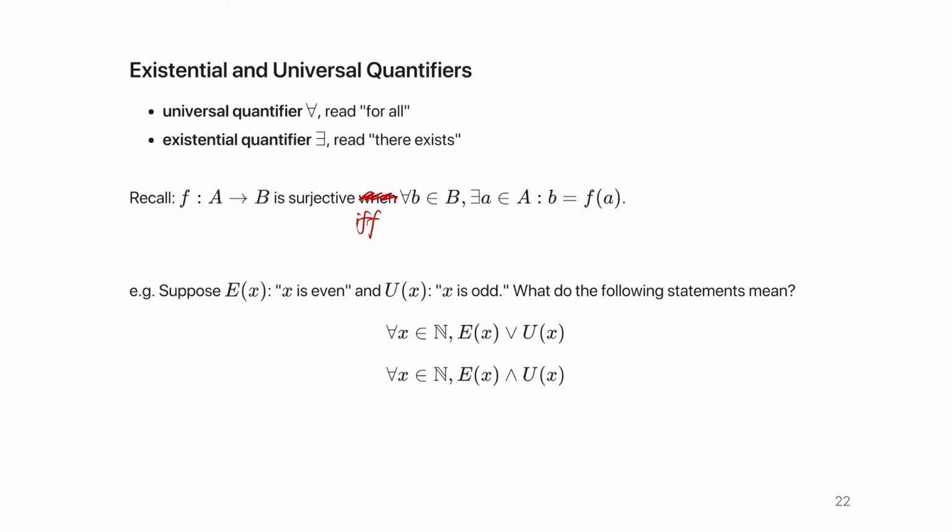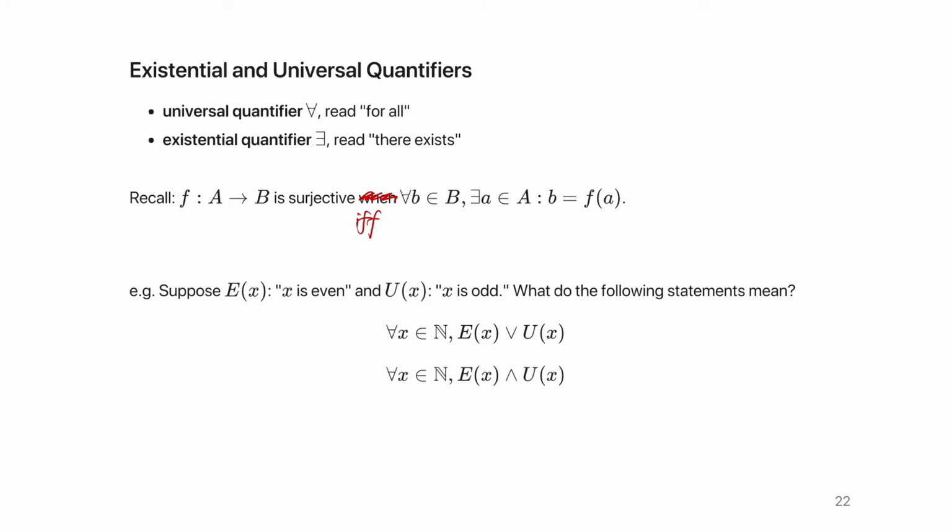Okay? So for example, suppose E of x is the proposition x is even, and U of x is the proposition x is odd. What do the following statements mean? Can someone tell me what the first one means? What does the first statement mean?